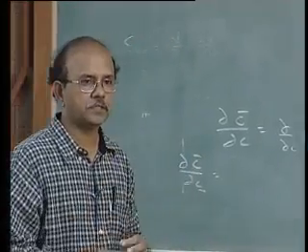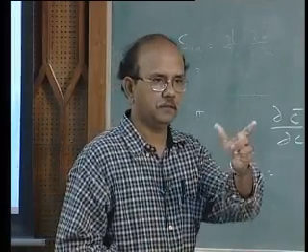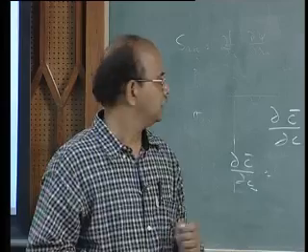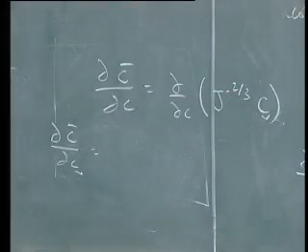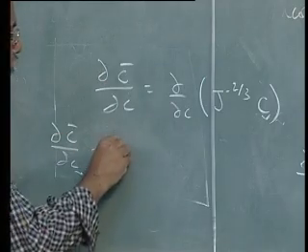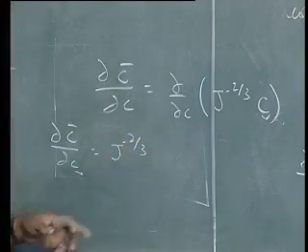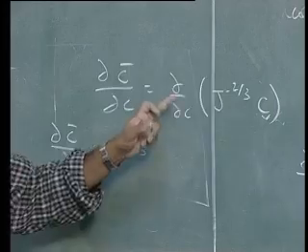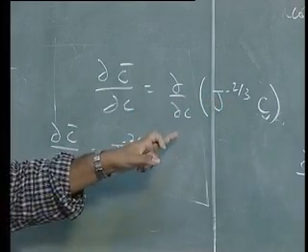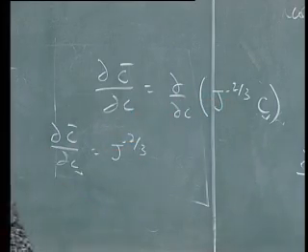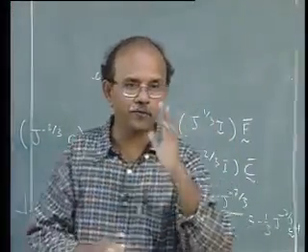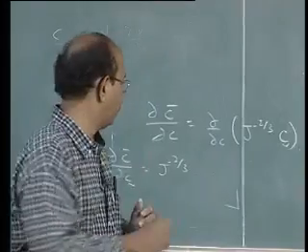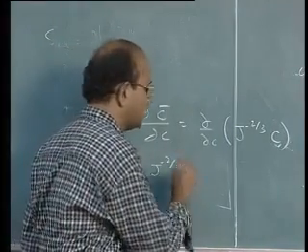So the first term is phi dyadic dou A by dou C. Here phi is J power minus 2 by 3, so this is equal to J power minus 2 by 3 times dou C by dou C. What is dou C by dou C? Fourth order I, a beautiful answer.